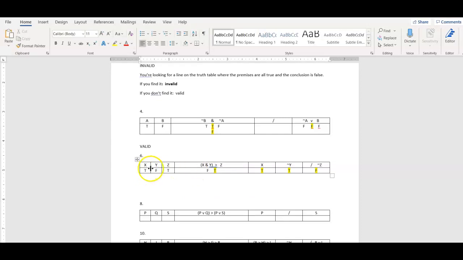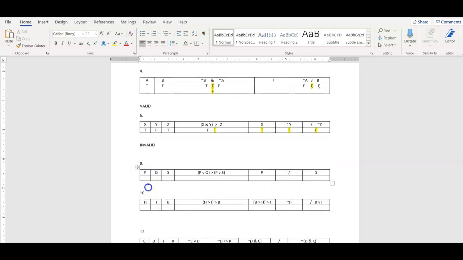So if X is true, Y is false, and Z is true, we get true premise, true premise, true premise, false conclusion, and that means it is an invalid argument because, remember, in a valid argument, there's no way the premises can all be true and the conclusion be false. So if you find values that make the premises all true and the conclusion false, you've proven it's invalid.